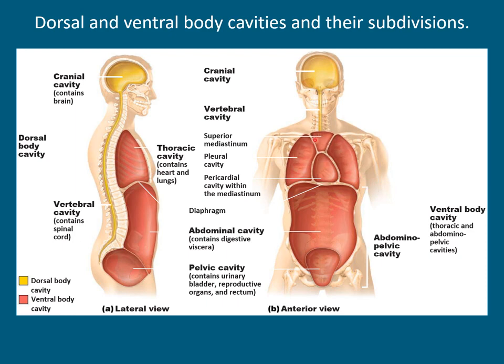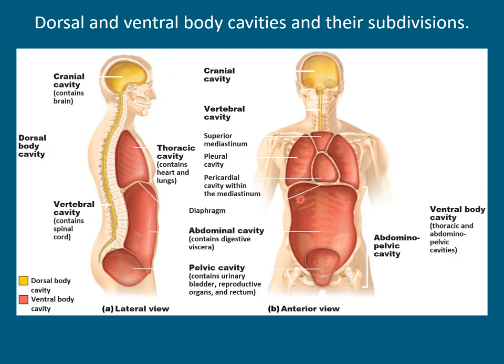Here is, collectively, the mediastinum, which is going to have things such as your trachea, your esophagus as it moves down, and then also within it is the pericardial cavity, which has the heart. Here's your diaphragm separating. Here's your abdominal cavity. Most of your digestive organs are in here. And then the pelvic cavity, which does have your urinary bladder, reproductive organs, and the rectum.